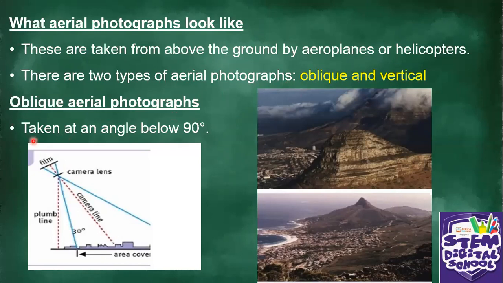Now, the oblique ones are taken at an angle below 90 degrees. If you see from this diagram, oblique like this. So the helicopter will be there and the camera will be taking the photograph at an angle like this.